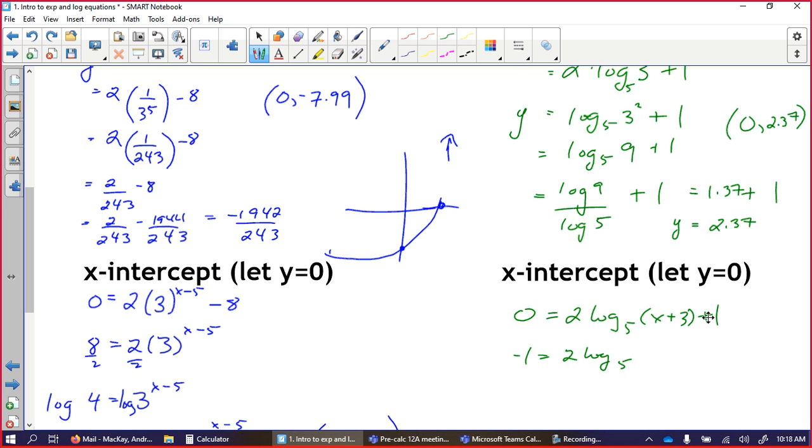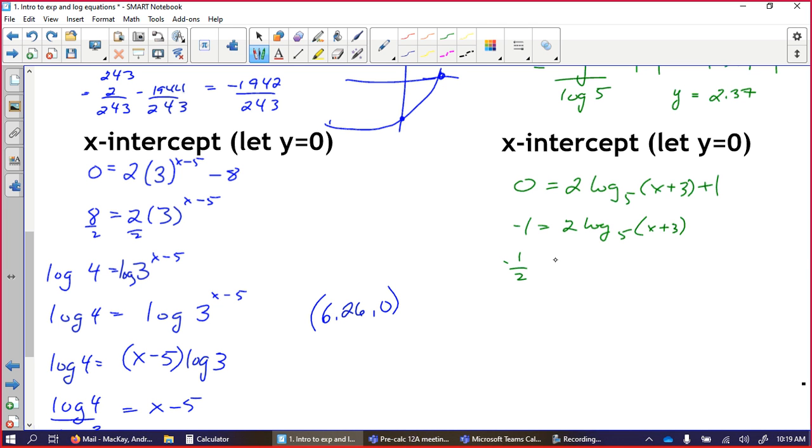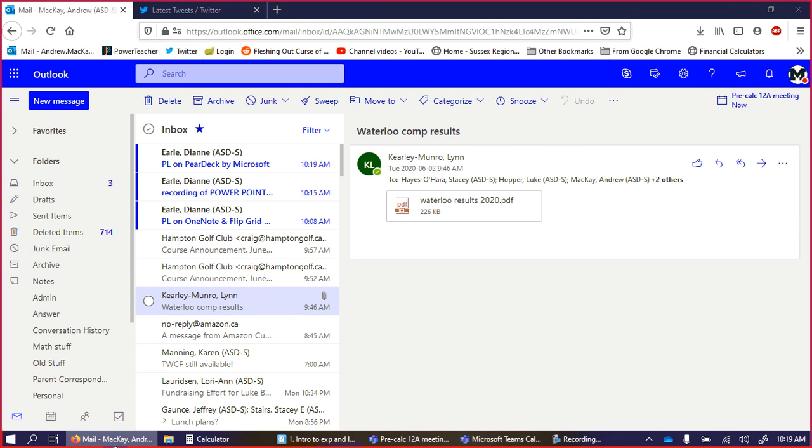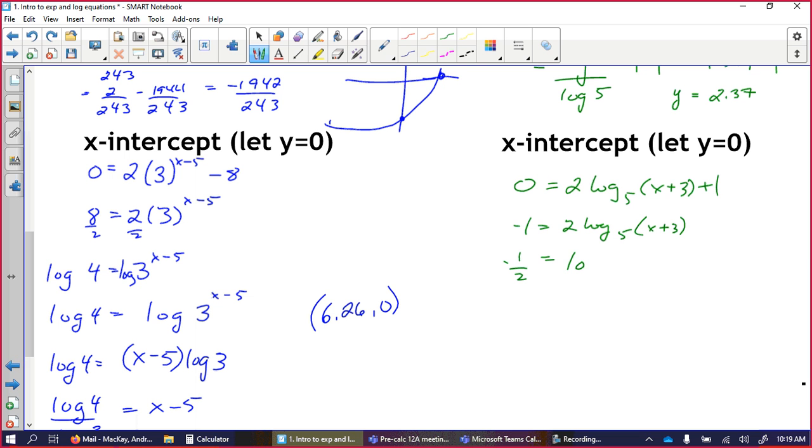Oh yeah, that's going to work. Log base 5 of x plus 3 equals negative 1/2. 5 to the power, 5 to the power of that goes away. x plus 3 equals 5 to the negative 1/2, which is 1 over the square root of 5.